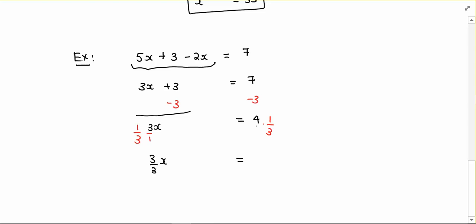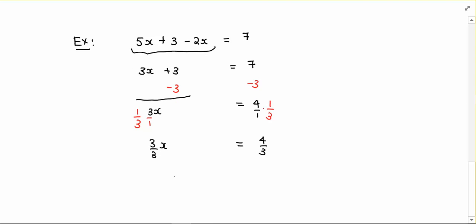And over 3 over 3, of course, we know is 1. So x is equal to 4/3. So right there, we have seen how to use both properties, addition and multiplication, in one problem. Now we'll do more examples coming up, so make sure you watch the rest of the videos as well.